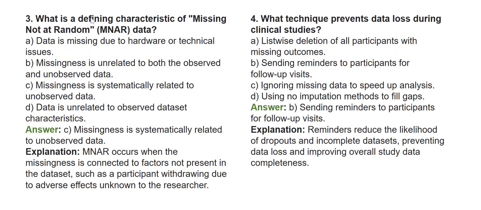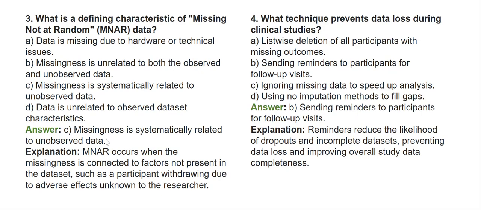Number three, what is a defining characteristic of missing not at random, MNAR, data? Is it A, data is missing due to hardware or technical issues? Is it B, missingness is unrelated to both the observed and the unobserved data? C, missingness is systematically related to unobserved data, or D, data is unrelated to observed data set characteristics.